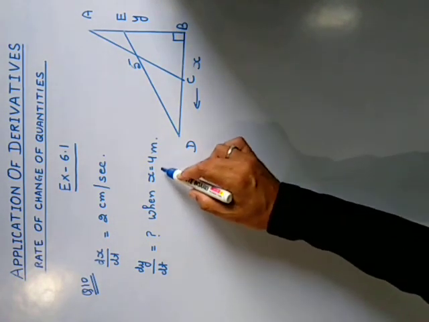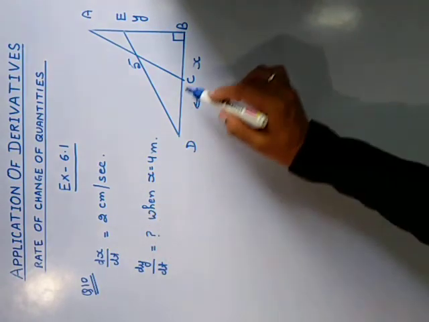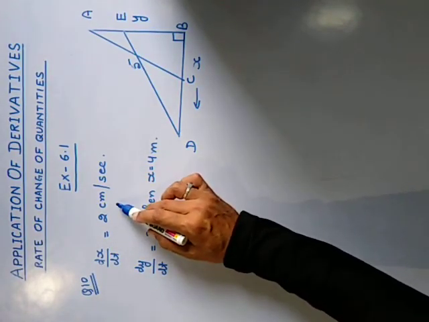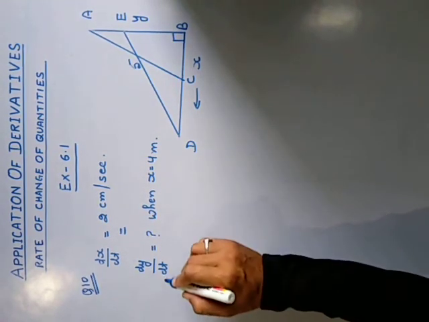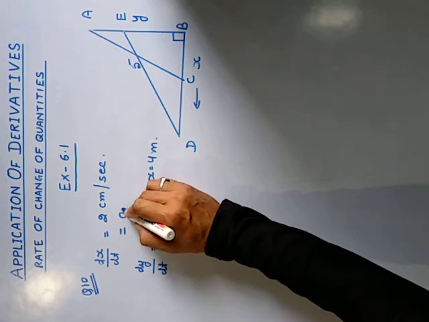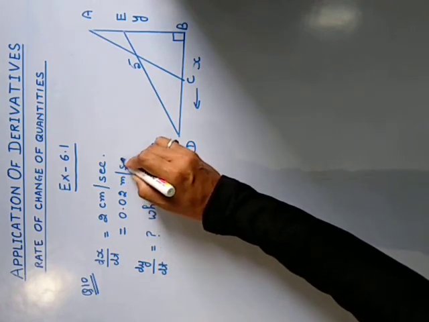Now when x is 4 meter, the rate of pulling the ladder is given in centimeter per second, so we can convert this into meter per second. So it will be 0.02 meter per second.